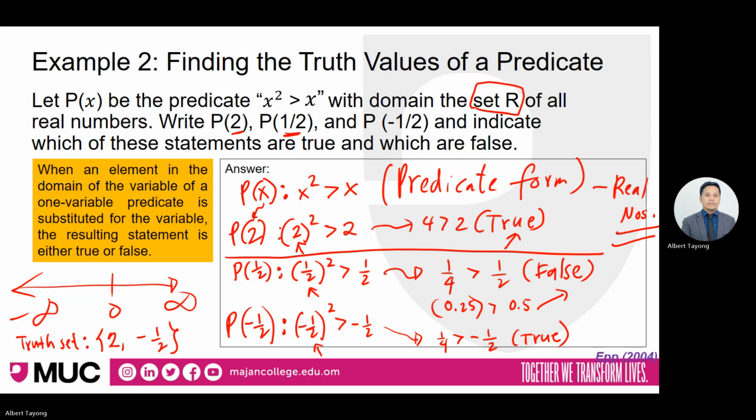So there are two values based on the given. Of course, if we use more values, it might be true or false, because these are all real numbers and the list will continue forever. Here, we are just focusing on these values, 2, 1/2, and negative 1/2. We are not including all other real numbers in this set. So that's the meaning of truth set here.